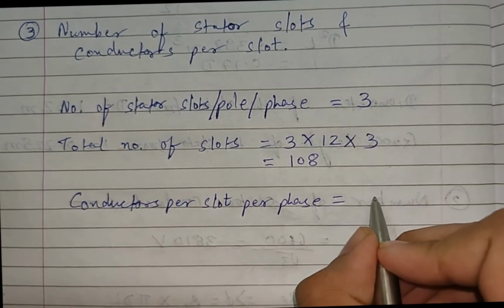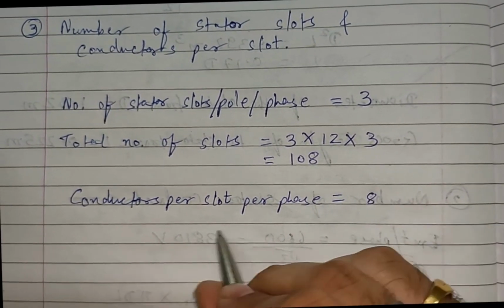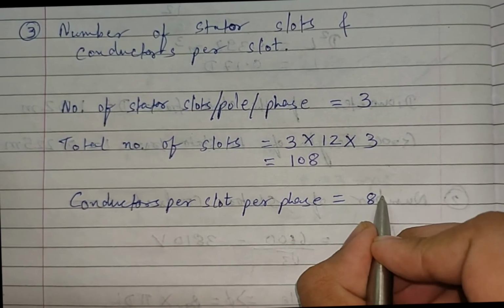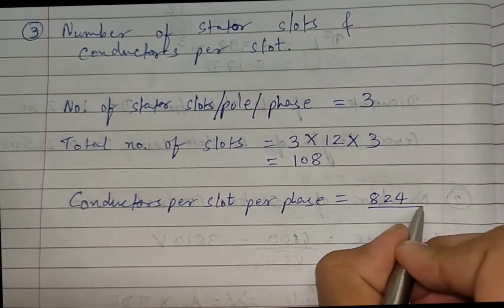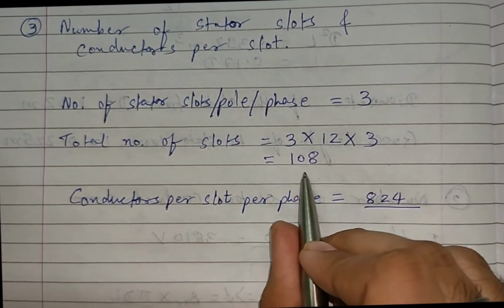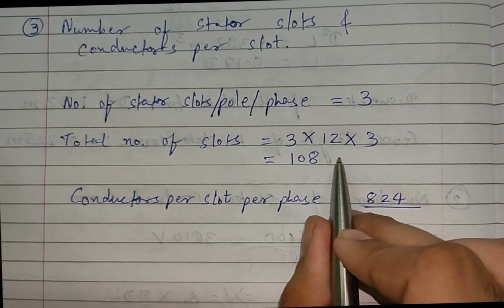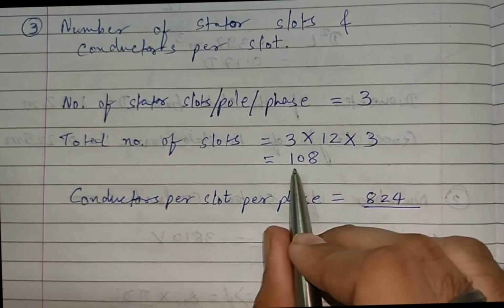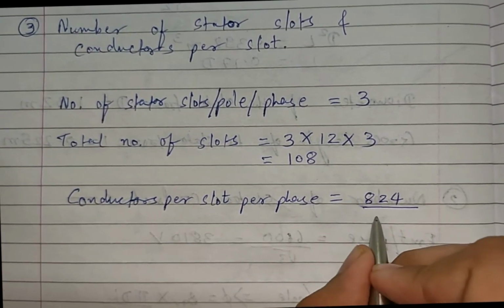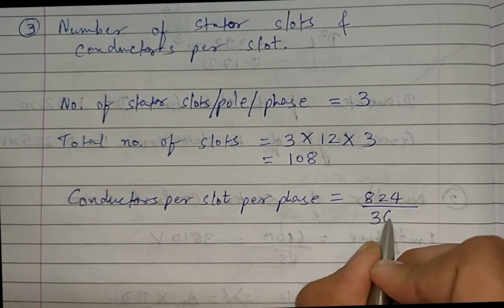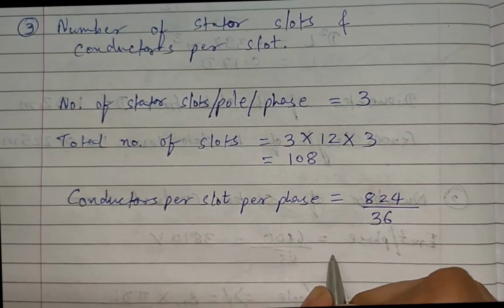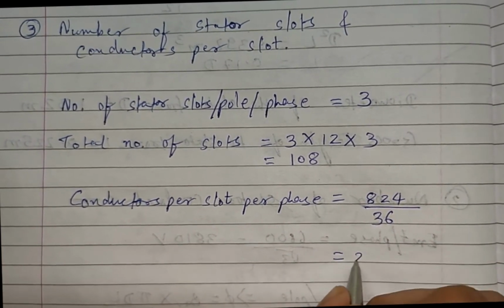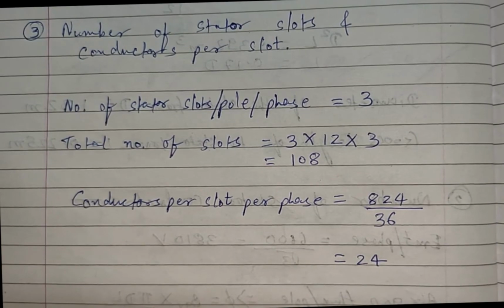So the number of conductors per slot per phase would be 824 divided by, now this 108 is the total number of slots. If I want it per phase, since it is a 3-phase system, I need to divide this 108 by 3. So what I get is 36. So therefore this would be almost equal to 24.